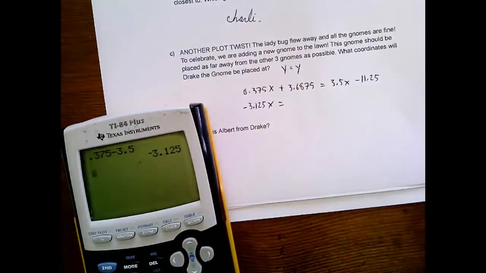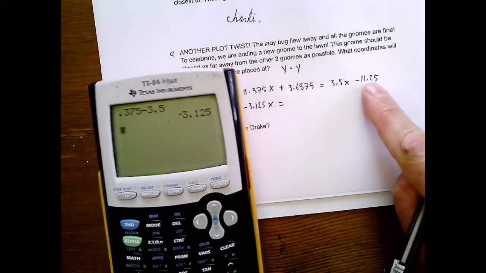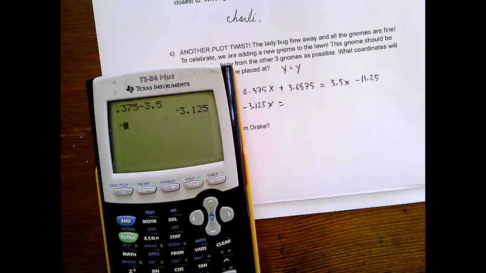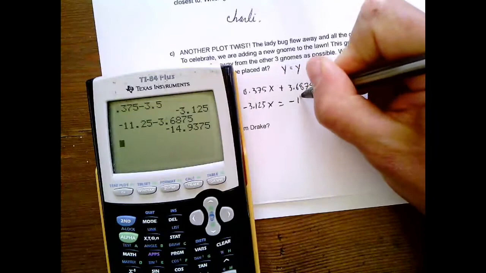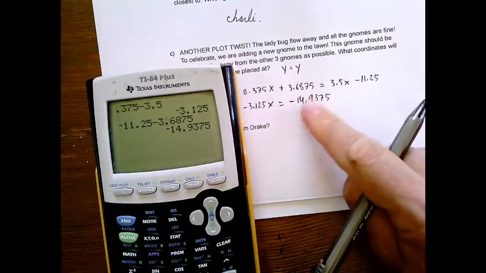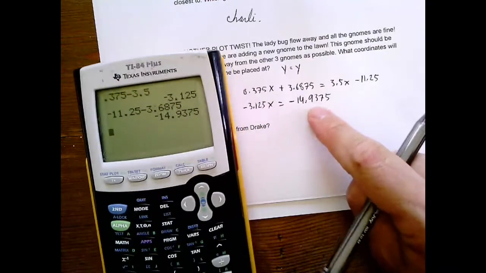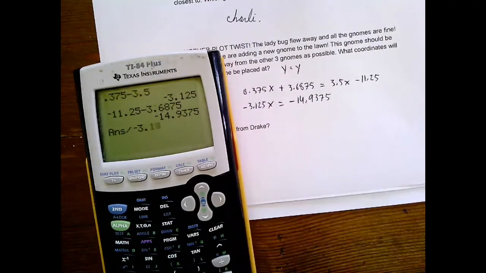This is going to be equal to, we're going to subtract this from both sides. So we have negative 11.25. Let's subtract that with 3.6875. Okay, so now we have negative 14.9375. Okay, now we just divide that by negative 3.125, and voila, we get our x value.